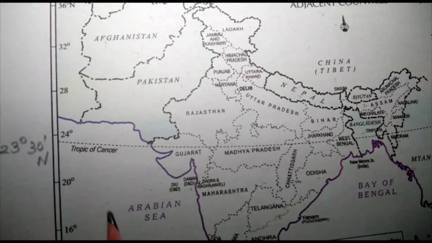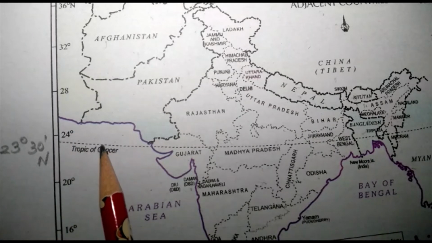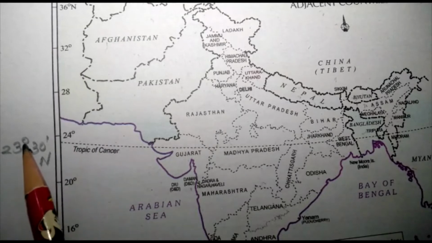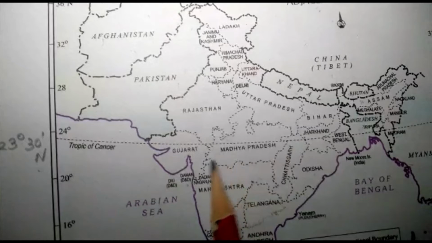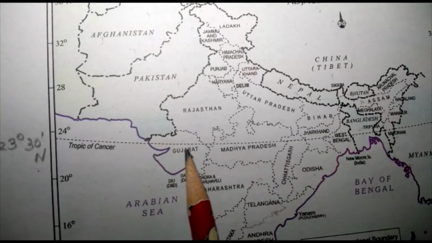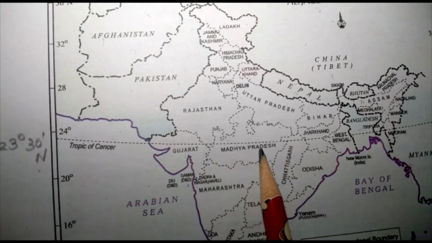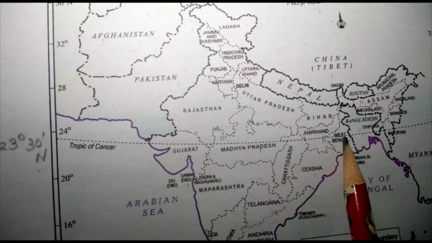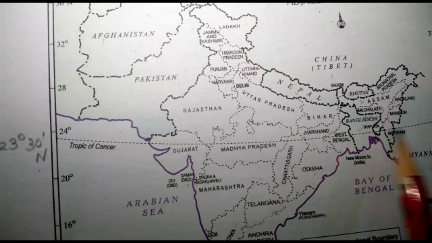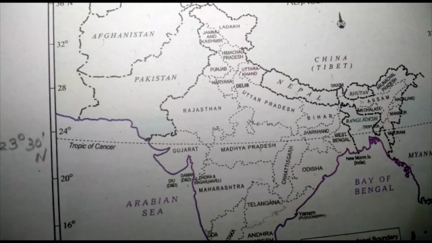Now, let us see through which states the Tropic of Cancer, which is 23 degrees 30 minutes north latitude, runs. The Tropic of Cancer passes through Gujarat, Madhya Pradesh, Chhattisgarh, Jharkhand, West Bengal, Tripura and Mizoram.